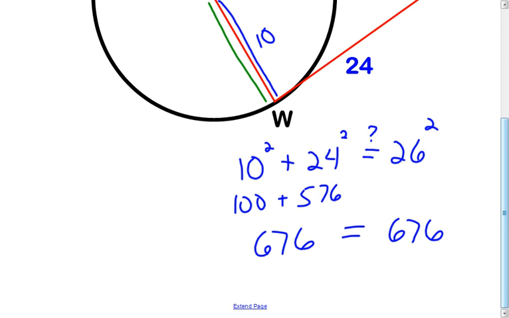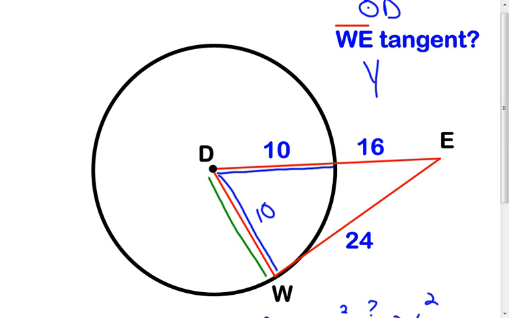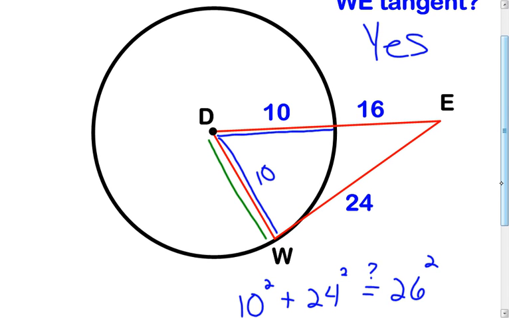Those two things are equal, which tells us that, yes, it is going to be a tangent, because the Pythagorean theorem tells us it's a right triangle, which will tell us that we have our right angle there, and then we know that segment WE is going to be perpendicular to segment DW, which means it's a tangent segment.